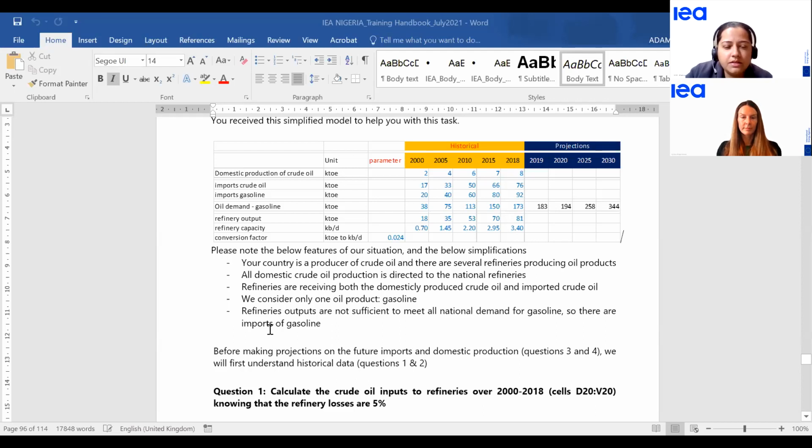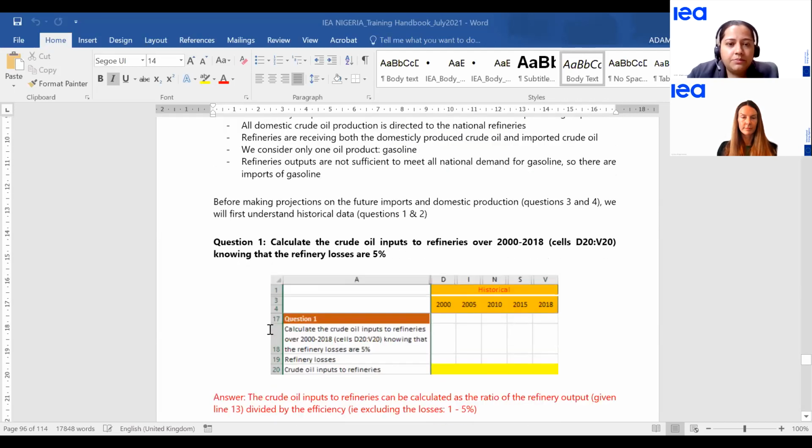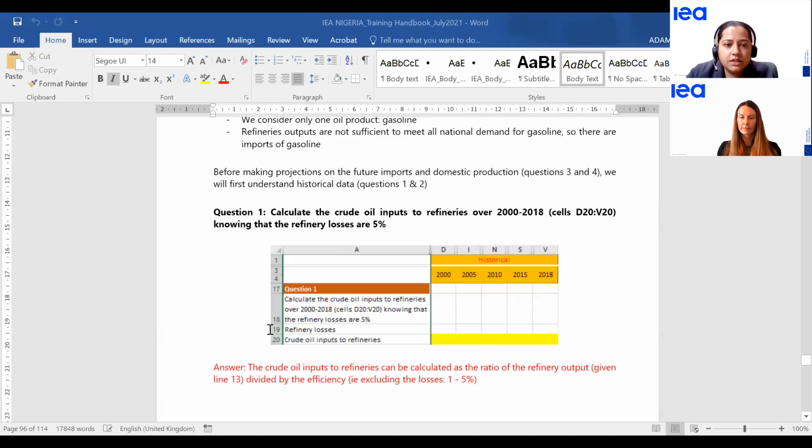The refineries' outputs are not sufficient to meet all national demand for gasoline, so there are some imports of gasoline. And before making projections on the future imports and domestic production, we will first try to understand the historical data.